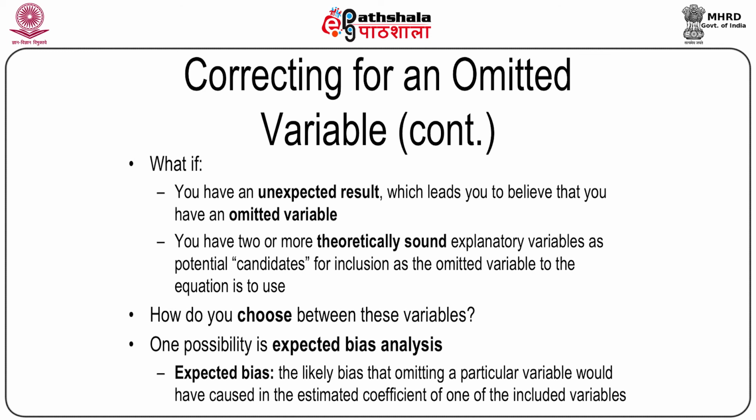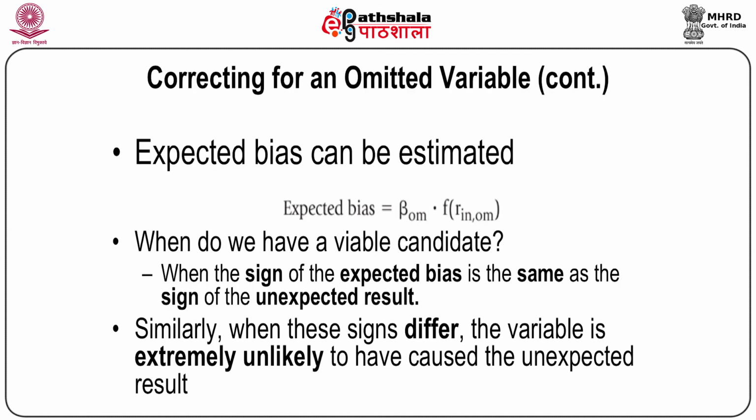One possibility is expected bias analysis. Now, expected bias basically means the likely bias that omitting a particular variable would have caused in the estimated coefficient of one of the included variables. Expected bias can be estimated from the relation, that is, expected bias is basically the product of the coefficient of the omitted explanatory variable, and it will also depend on the degree of correlation between the included and omitted explanatory variable.